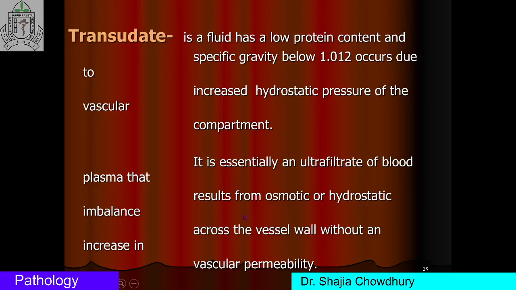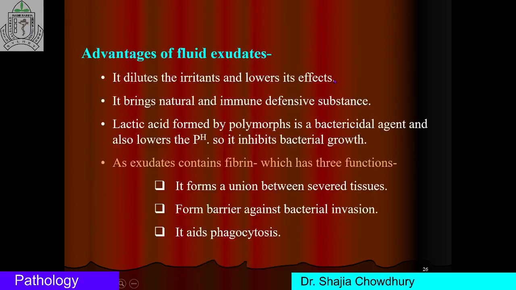The main problem is alteration of osmotic and hydrostatic pressure: hydrostatic pressure increases and colloid osmotic pressure decreases, which causes transudation. You should remember low protein, low specific gravity, increased hydrostatic pressure.